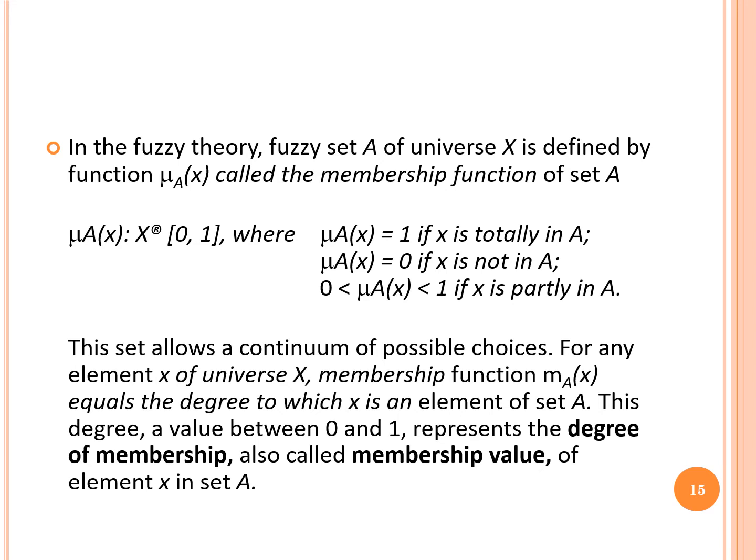For any element x of universe X, the membership function equals the degree to which x is an element of set A, and this degree, which is between 0 and 1, represents the degree of membership, also called the membership value of the element x in set A.